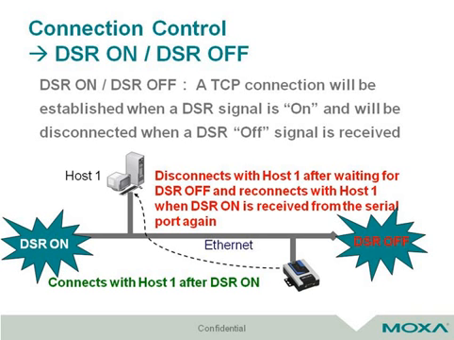When Nport receives a DSR on, it will connect with host. And if it receives a DSR off, it will disconnect with the host. So if you are using DTR DSR as your active signal of serial device, you can choose this option.